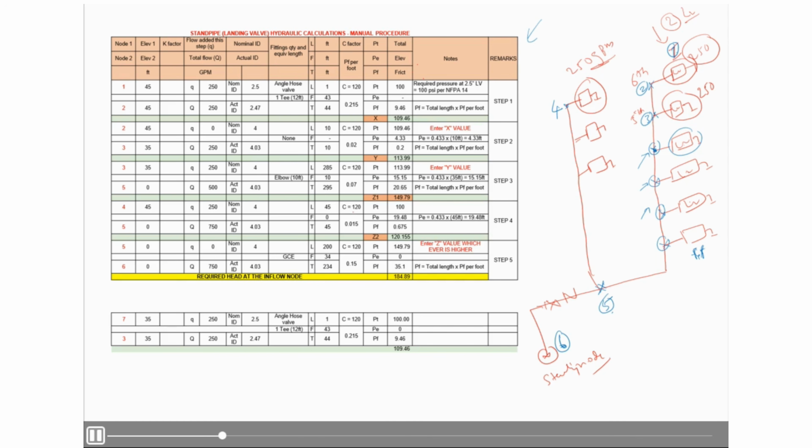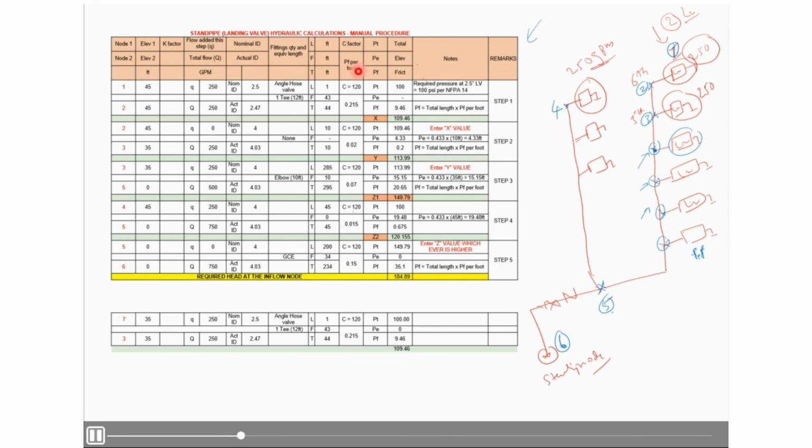You can see here on your screen, here we have node 1, node 2, elevation 1, elevation 2 in feet, K factor, flow added this step small q, total flow capital Q in GPM, gallons per minute, nominal ID, actual ID of the pipe, fittings quantity and equivalent length, L F T in feet, where L means length of the pipe, F means fitting equivalent length, and T means total length of the pipe plus fitting length.